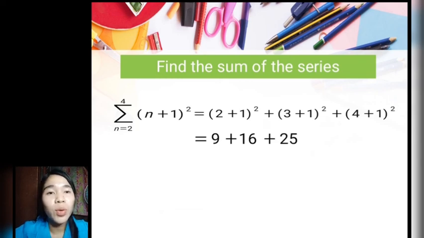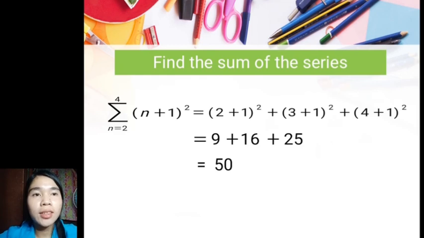Then when we square it, we got 9. Next, 3 plus 1 is 4, and squared it is 16. Then 4 plus 1 is 5, and squared it is 25. Now let's simplify 9 plus 16 plus 25. Then we got 50.